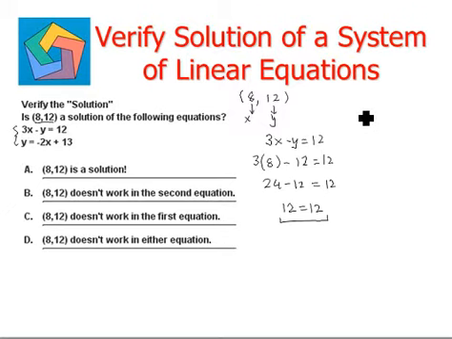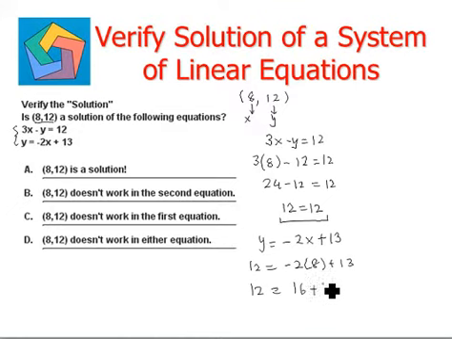Let's see if it satisfies the second equation or not. So we have y equals negative 2x plus 13. The value of y is 12, so 12 equals negative 2 times 8 plus 13. Negative 2 times 8 is negative 16, plus 13. 12 equals negative 16 plus 13, which is negative 3.